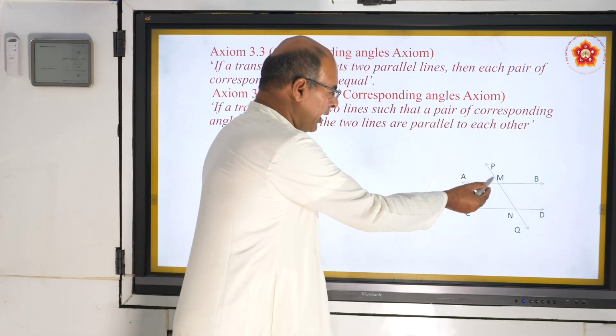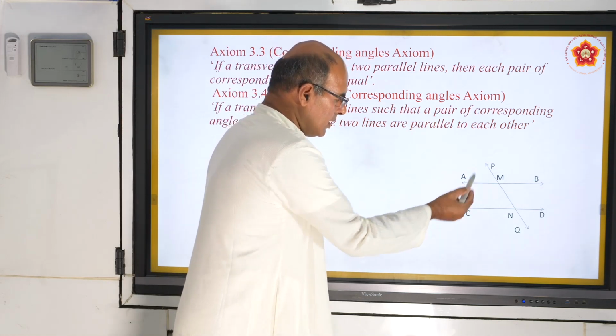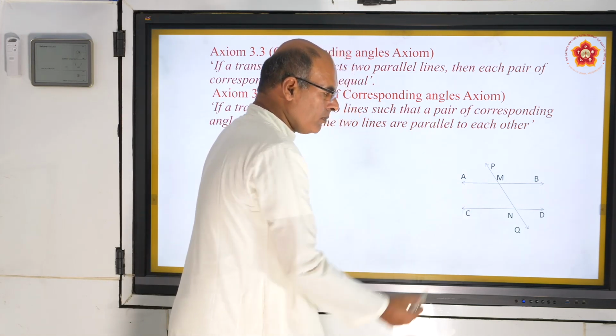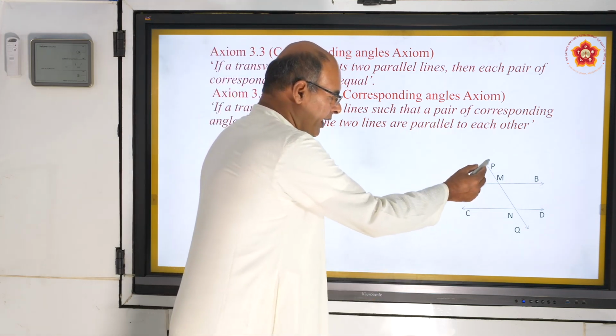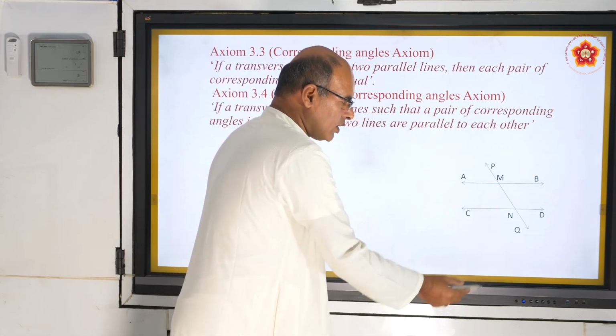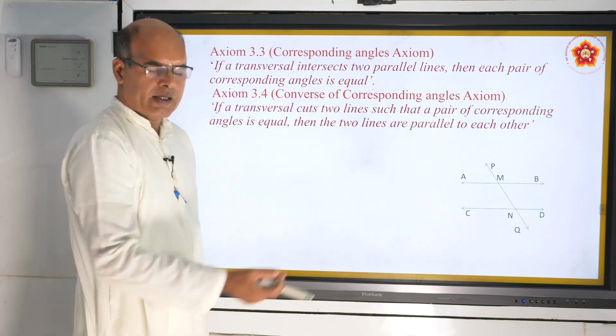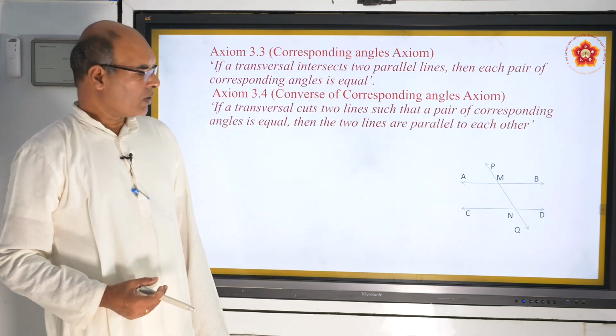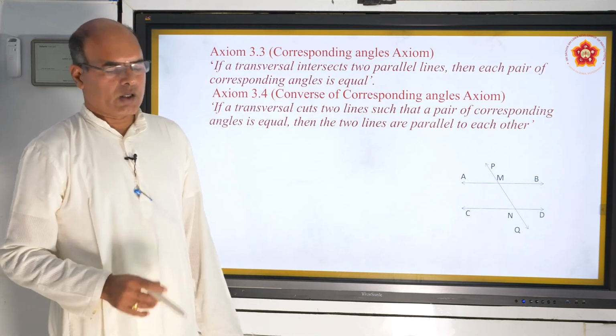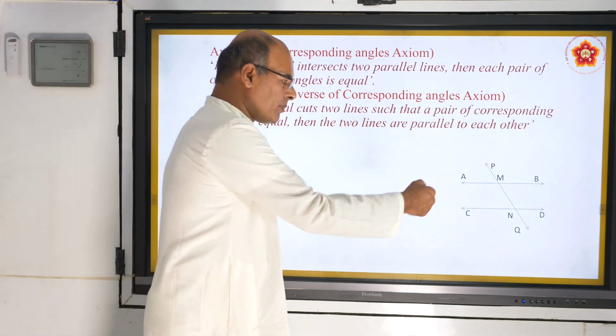Here angle AMP is equal to angle CNM, one pair. Angle AMN is equal to angle CNQ, two pairs. Similarly, that side two pairs. So all the pairs of corresponding angles are equal when the lines are parallel.